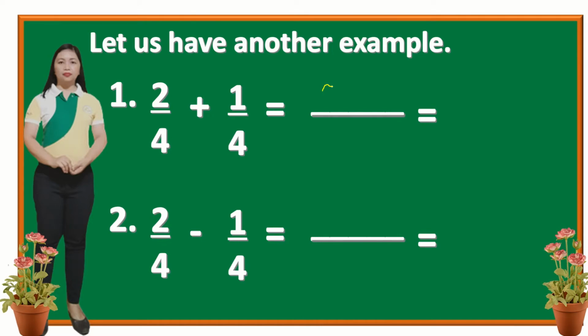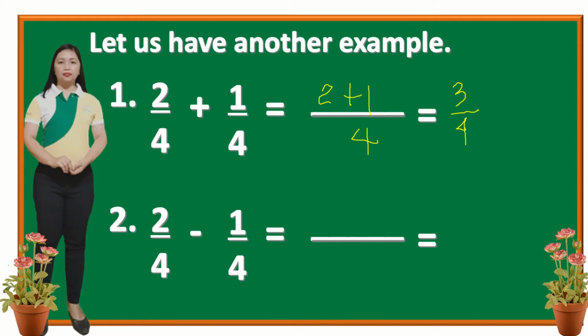So, 2 plus 1 over 4. Since our denominator is 4, we just copy 4. So, 2 plus 1 is 3 over 4. Easy. Very easy. Right? What did we do? We just add them.